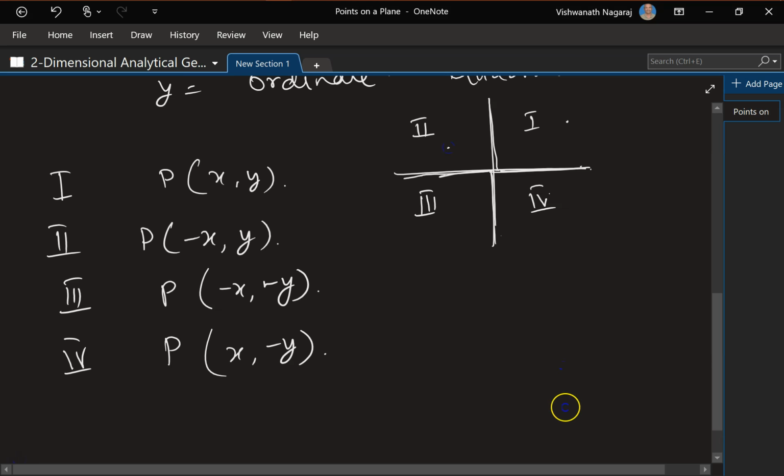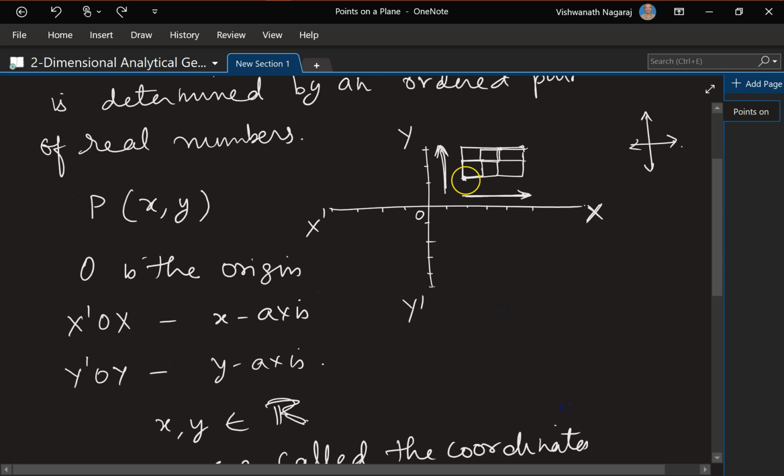Okay, now coming back to our previous diagram. So we had 2 points. Let's say this is P1. This will have its coordinates, and P2 will have its own coordinates.